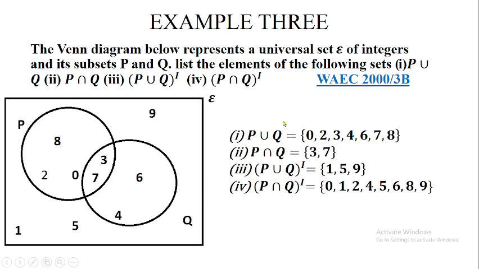So don't forget, we are still solving a question on Venn diagram of two subsets, and I believe the questions have been so wonderful so far, and you understand them. If you don't, you may need to rewind the video and listen to it very well, and I believe you will understand them.